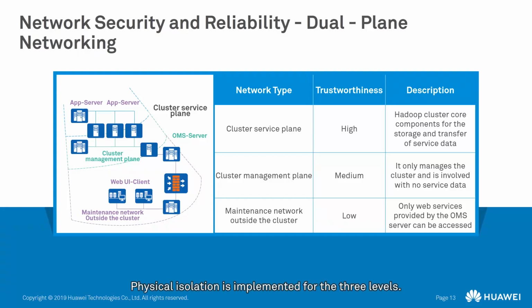Physical isolation is implemented for these three levels. Network isolation prevents obstruction of cluster management channels due to heavy load on service platform and also prevents external attackers from accessing service data through the channel.